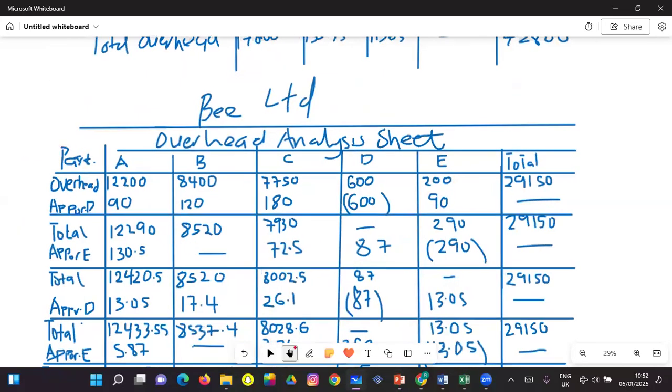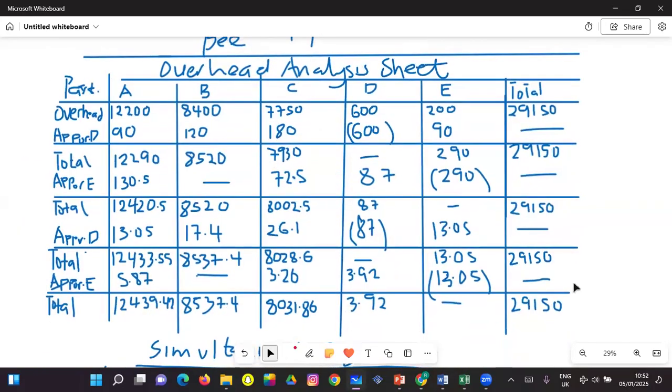So as usual, D Limited work analysis sheet. And then our first listing was for overhead for production department: 12,200, 8,400, 7,750, 600, and then 200. We have a total of this, right?